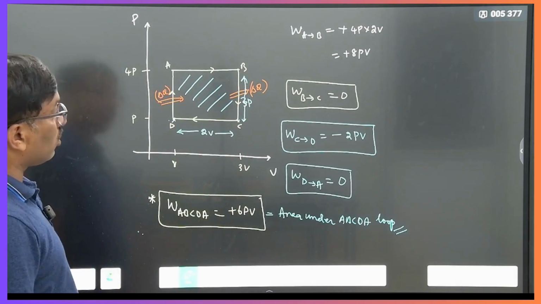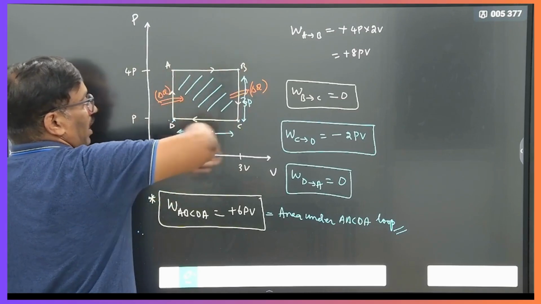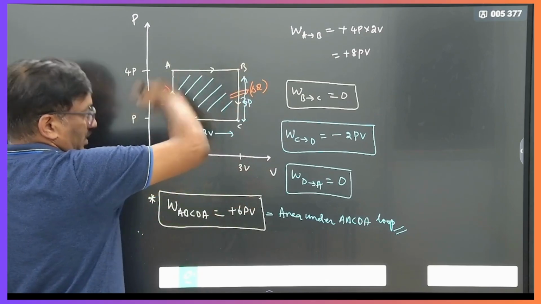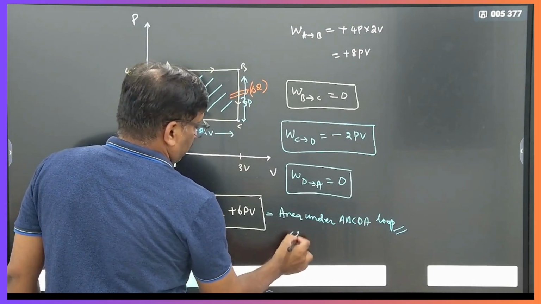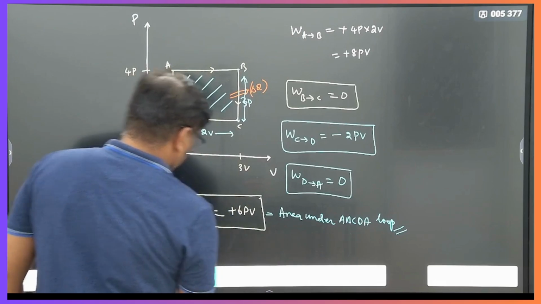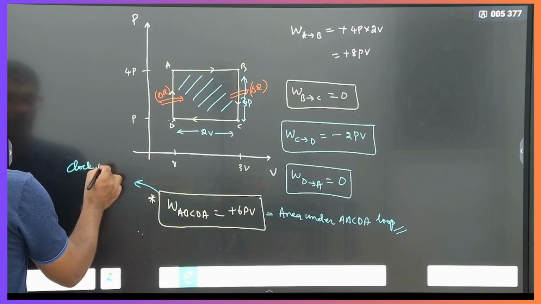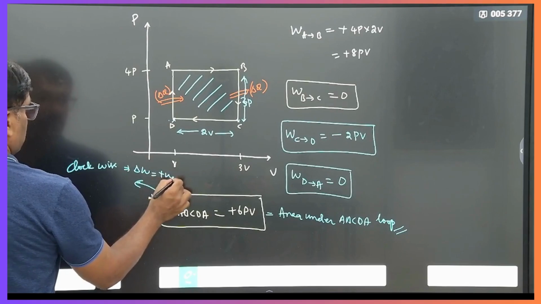That's all. So here what is happening? It is like a cyclic path. This is clockwise. Therefore, if it is a clockwise cyclic path, work done is positive.